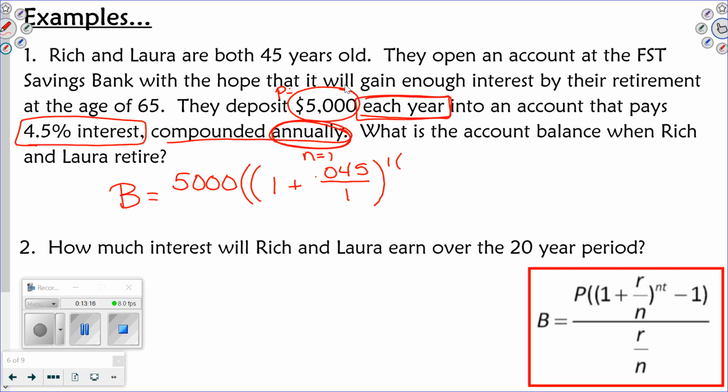It is 20. Good, because they were 45, and I want to know when they retire at 65. So this is a difference of 20 years. Okay, minus 1, close parenthesis, and I got a giant fraction, and then divided by 0.045 over 1.